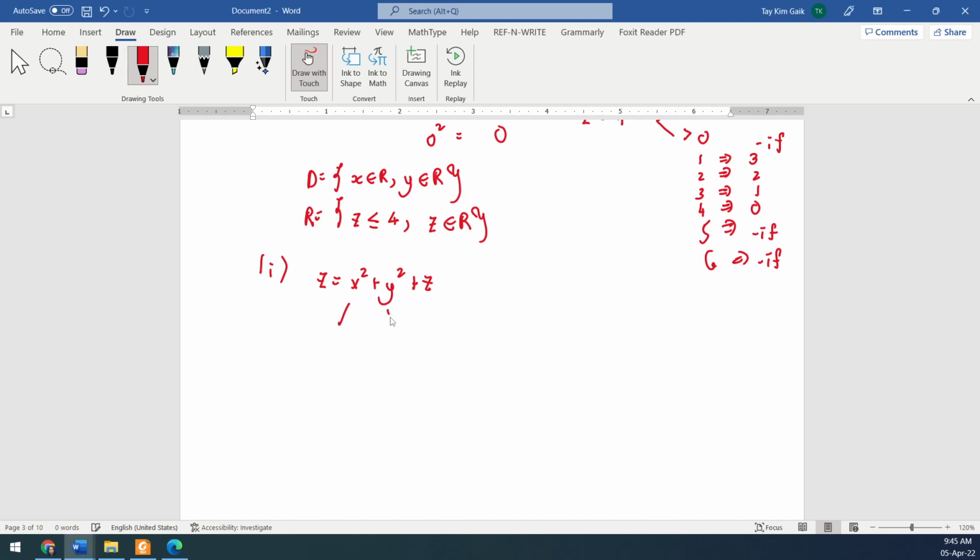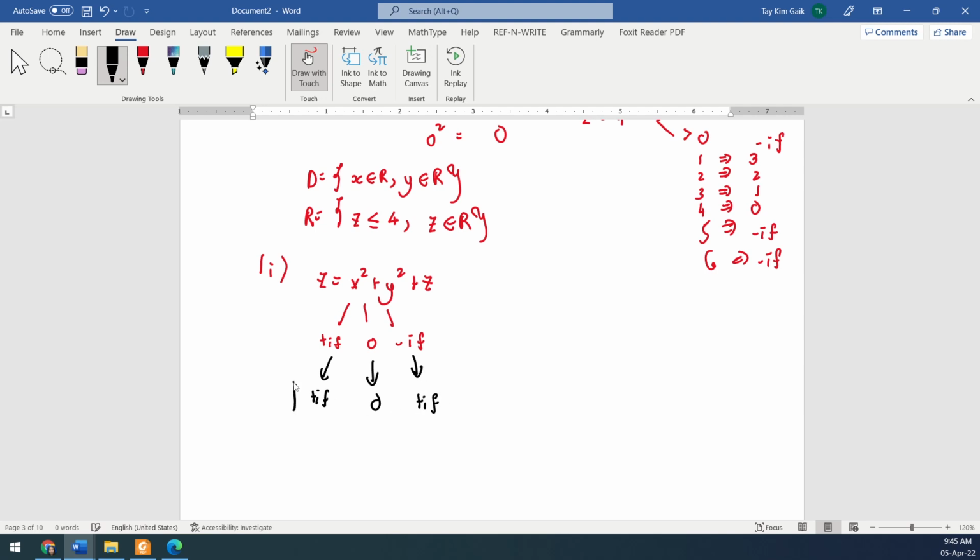Your x and y can be positive, 0 or negative, because when you square them, if you put a positive number, the square is positive. You put 0, the result is 0. You put a negative number, the result is positive.